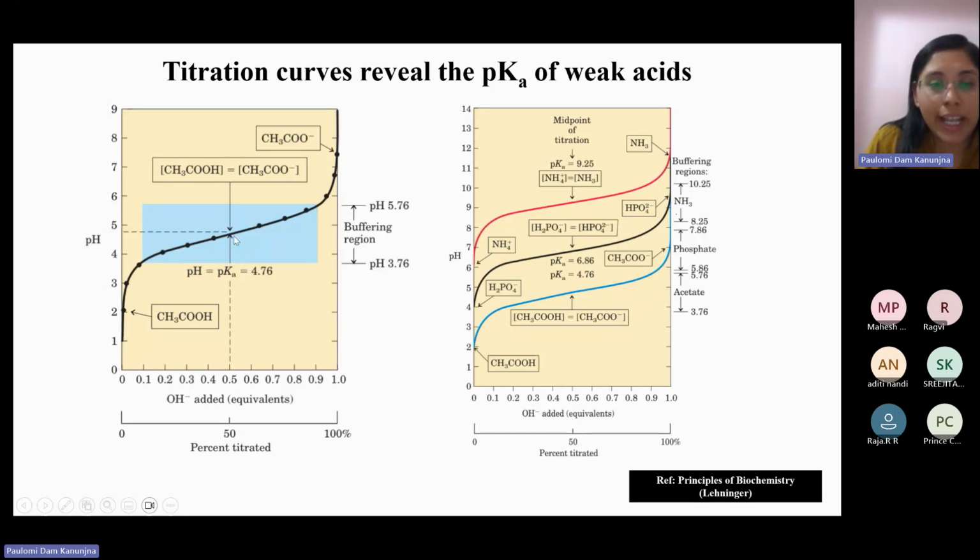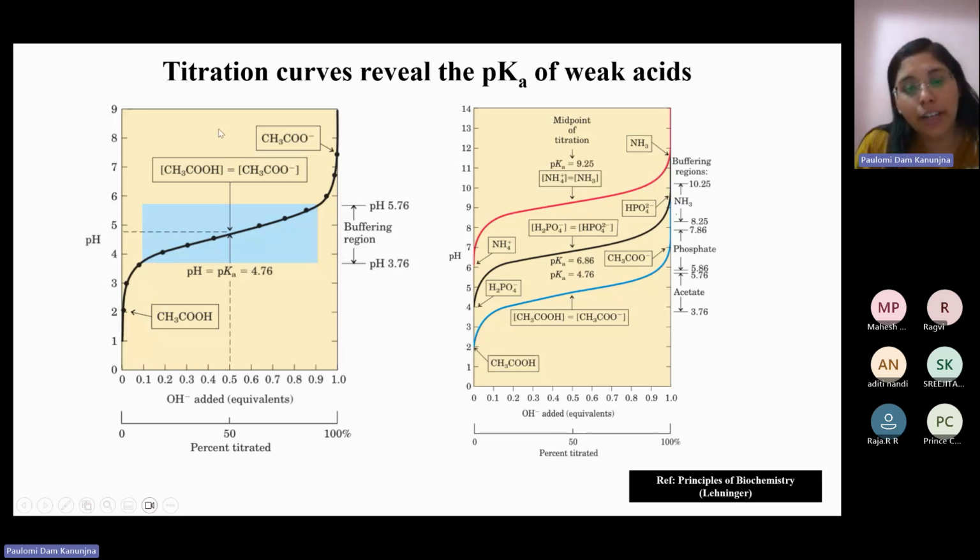At that point, the pH of the solution tells me that half of my acetic acid has ionized and half is remaining. The half that has ionized gives me an equal amount of acetate ions. So my acetic acid and my acetate ions are equal in concentration. At that point, this is what is called the pKa, so the pKa value is equal to the pH of the solution.